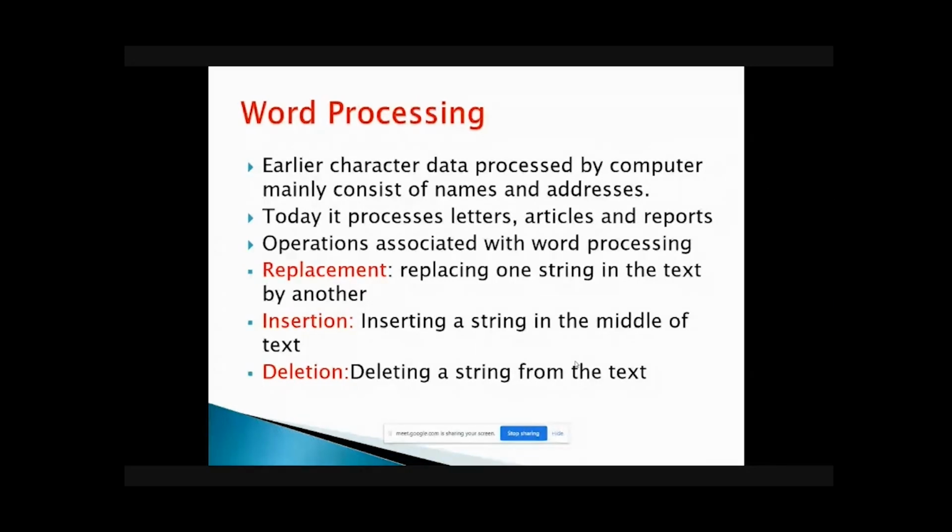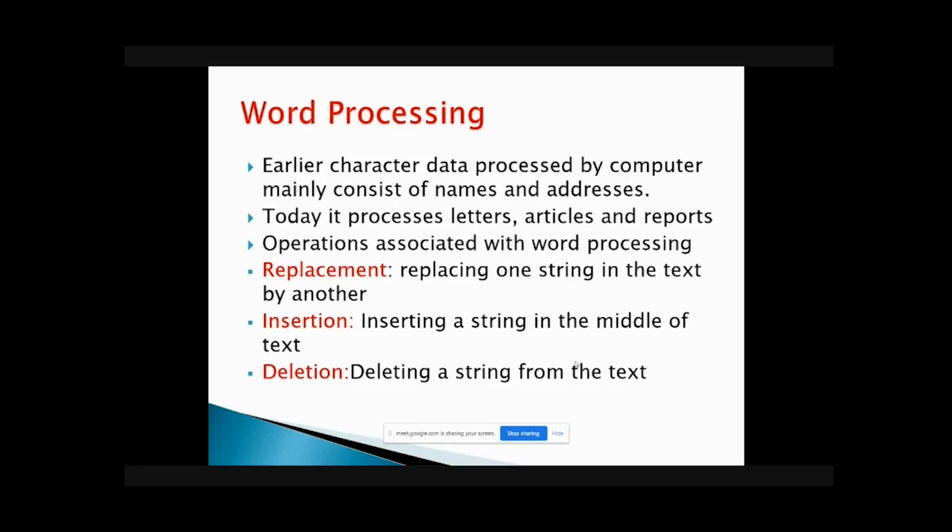So what are the different operations associated with word processing? There are three important operations: one is replacement, second is insertion, and the third is deletion. Now, what is replacement? Replacement is replacing one string in the text by another. Suppose my original string is VTU and I want to replace VTU with Belgaum.